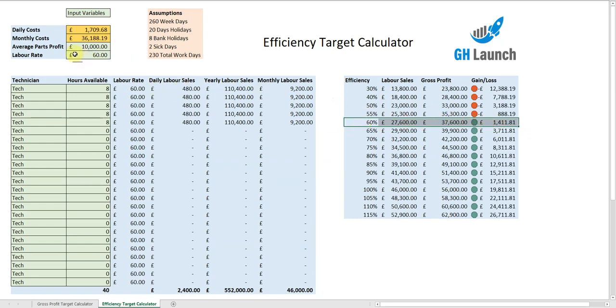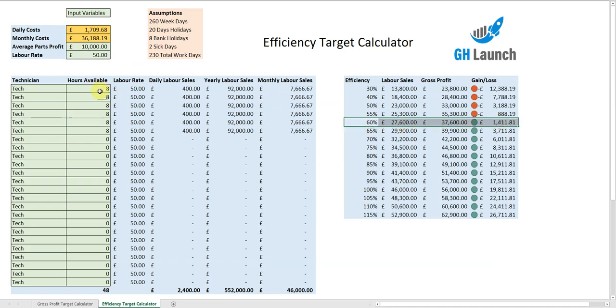So a labour rate of £60 with 5 technicians and a parts profit of £10,000, a 60% efficiency at their full labour rate will produce £1,411 worth of net profit. So let's add an extra technician. So we can see it brings it right back down to 50%. So with the extra technician, if we reduce the labour rate back to 50, it's now back at 60%.